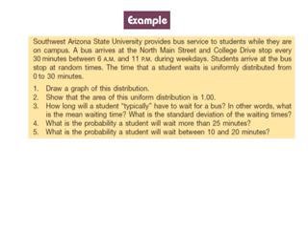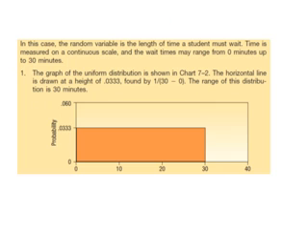From the example information, we have that the time that students wait is uniformly distributed from 0 up to 30 minutes. So we can draw the graph for the uniform distribution like this.